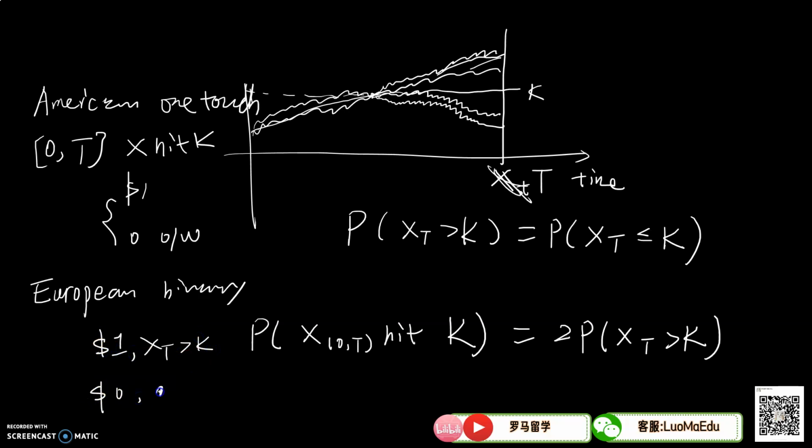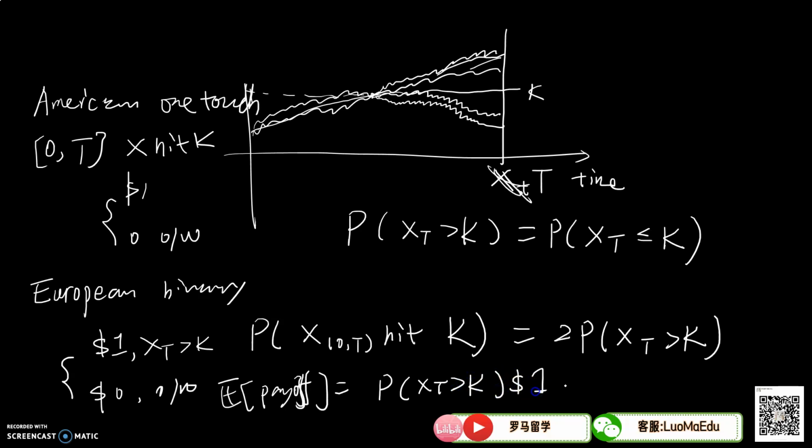Otherwise, I get $0. For the European binary option, the expected value of the payoff, if we ignore the discounting factor, will be the probability of X at capital T larger than K times $1, plus the otherwise times $0. Of course that's 0, so it's crossed out.